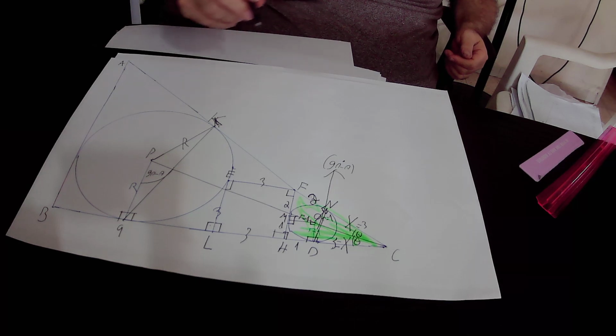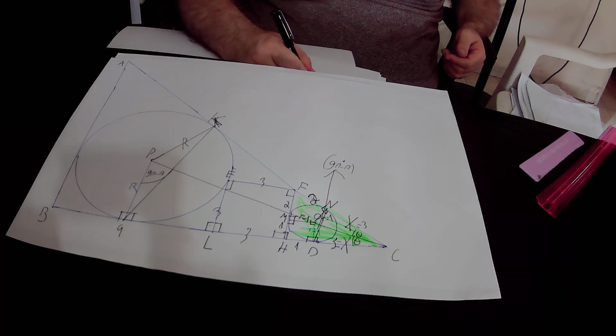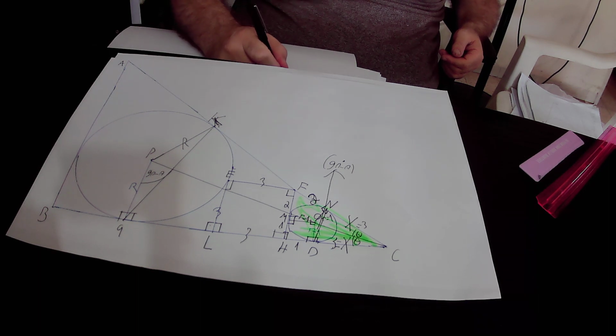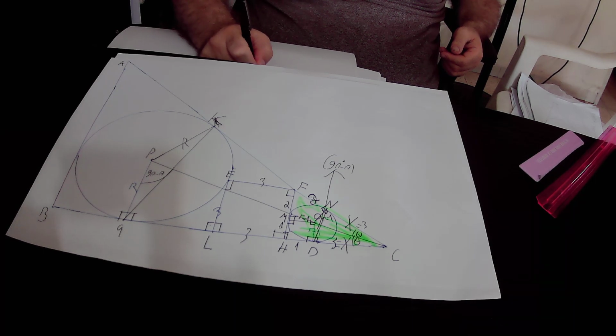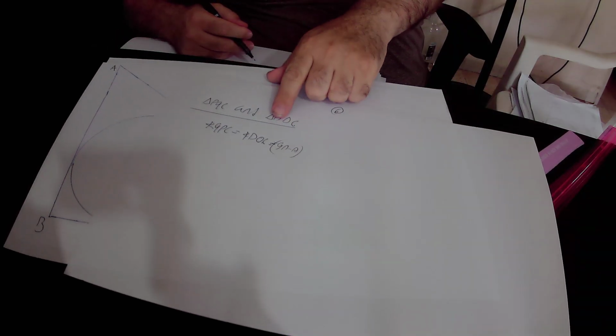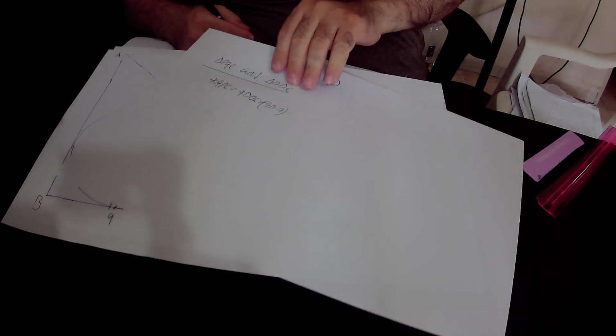So here, angle QPC in the big right triangle is equal to angle DOC in the small green right triangle. They are both equal to 90 degrees minus theta, therefore they are equal to each other.